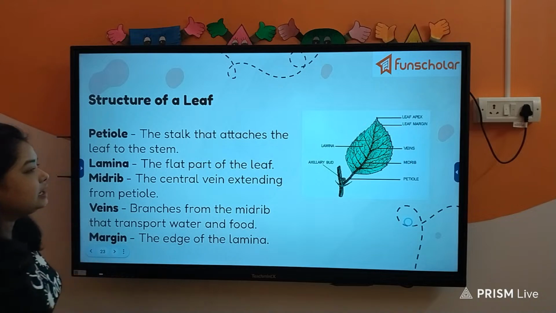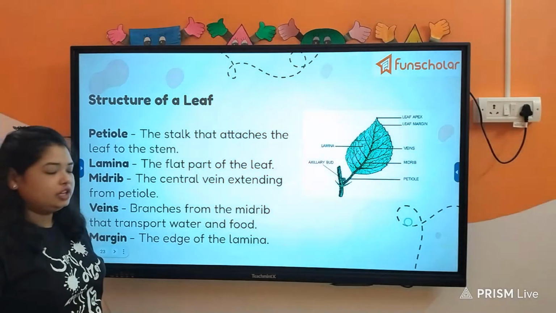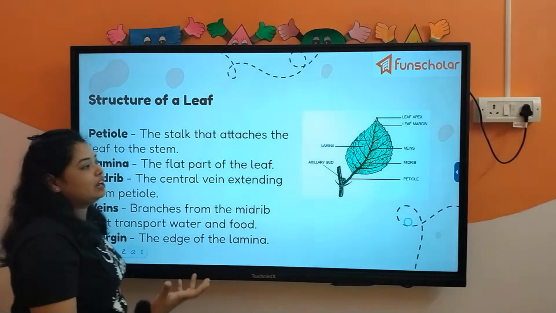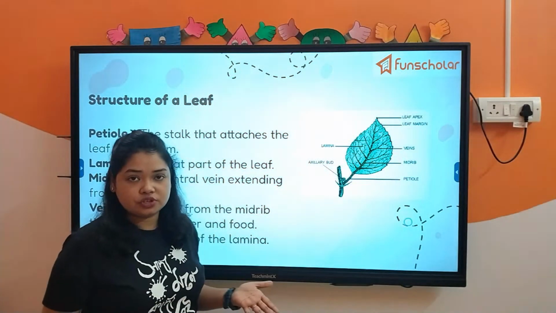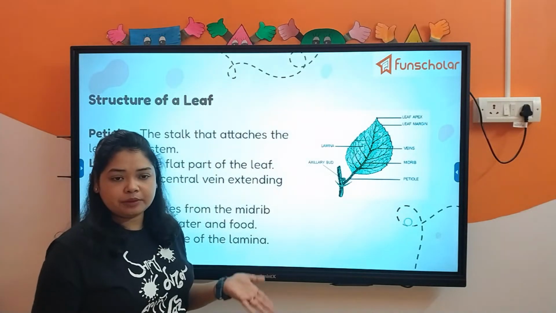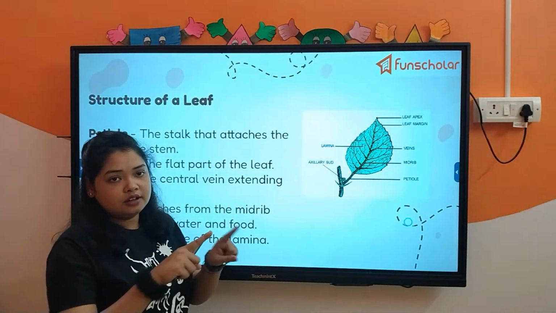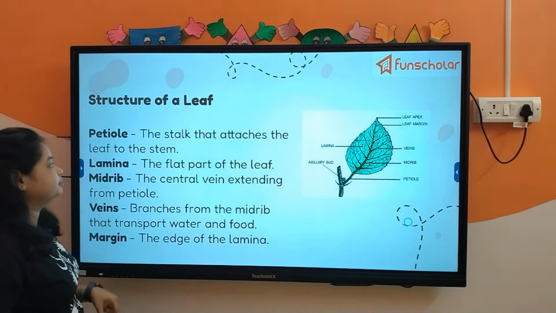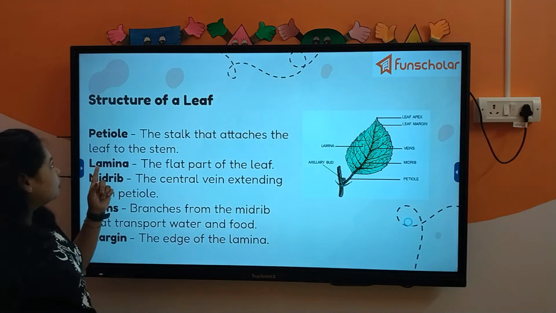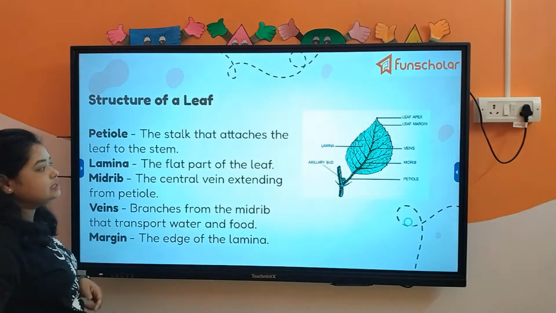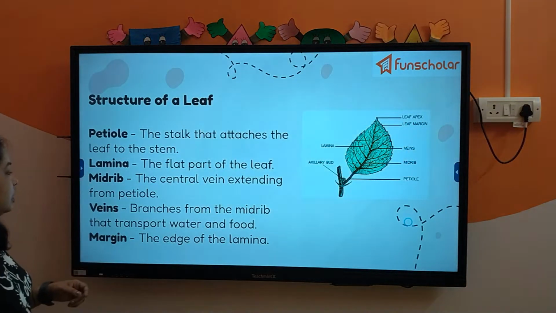So basically the flat portion you have already watched in the video, the flat portion which is exposed to the sunlight for capturing the sunlight, that is the leaf blade, the thin flat portion. Then the stalk with which it is attached to the node on the stem is known as the petiole.